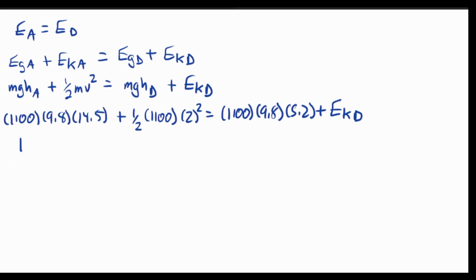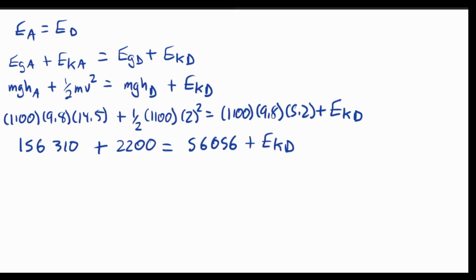So our first chunk here is 156,310 joules plus half times 1,100 times 2 squared is 2,200 equals 1,100 times 9.8 times 5.2 is 56,056 plus our kinetic energy at point D.